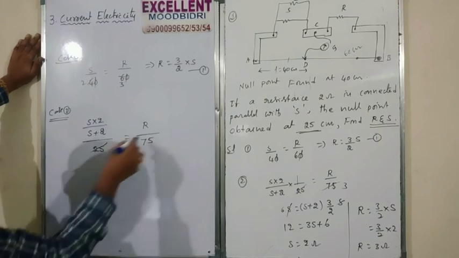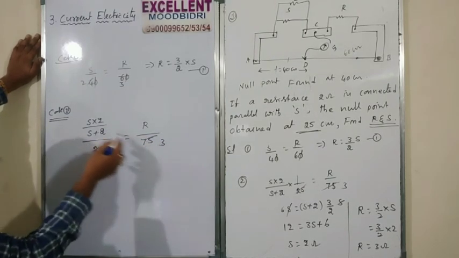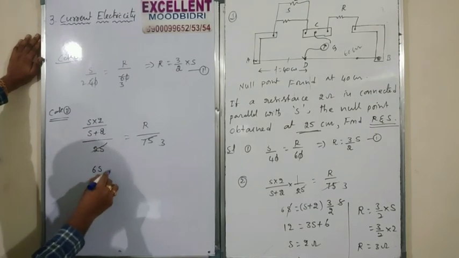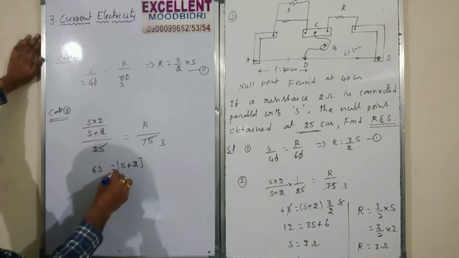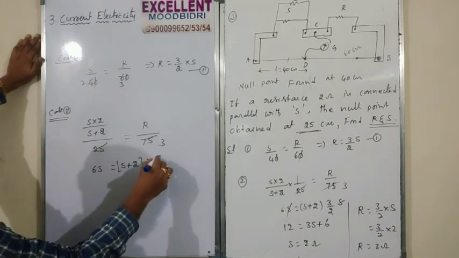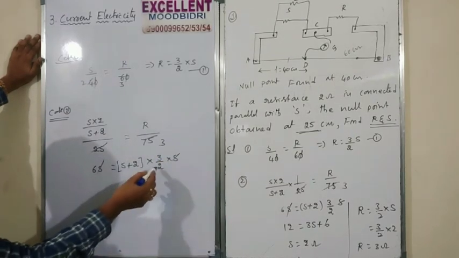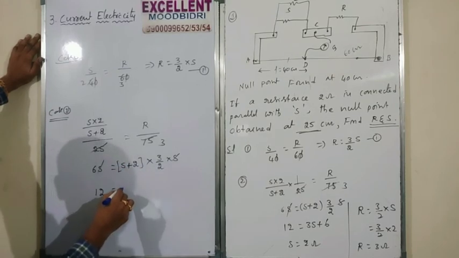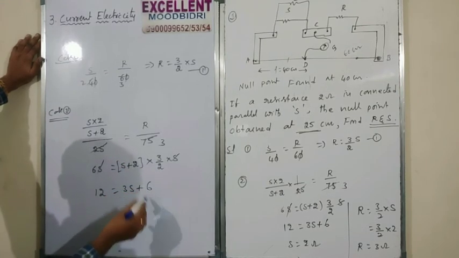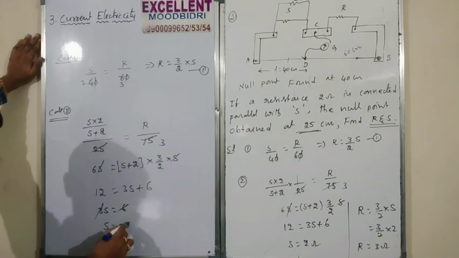So 25 ones, 25 threes. Then 3 into 2, 6S is equal to S plus 2 into the R value, which we got already, 3 by 2 into S. So the Ss get cancelled. 2 threes are 6, 12 is equal to 3S plus 6. Transferring that side, 3S is equal to 6, so S is equal to 2 ohms.